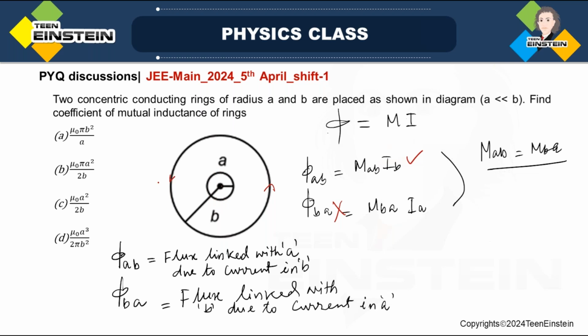See, magnetic field lines, it will be like this, right? So you will see some lines like this. These are nearly uniform through this small area.